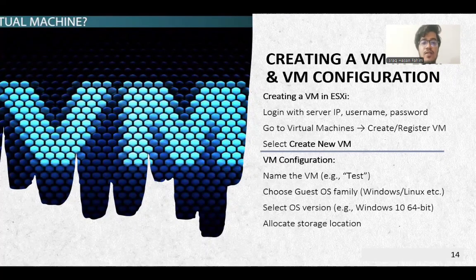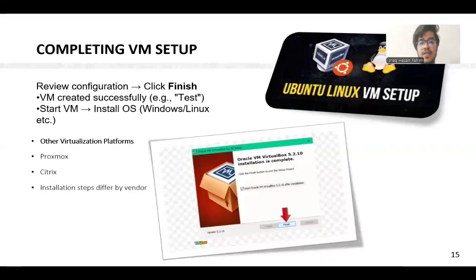Once configured, we can install the operating system inside the VM and customize settings like network and security. This allows us to run multiple virtual servers efficiently on a single physical machine, completing the VM setup.